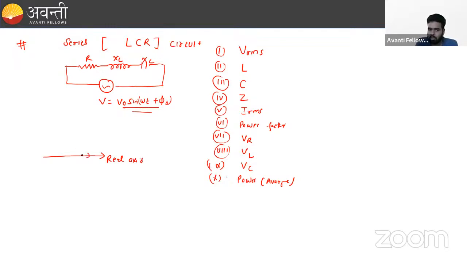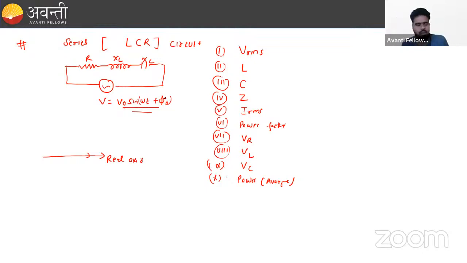And we assume that this axis already contains omega t. Okay, so this is the axis of omega t. Whenever phi is given, we have to measure the angle phi with this axis, right? If a positive angle is given, we have to measure the angle in the anti-clockwise sense. And if a negative angle is given, then we have to measure the angle in the clockwise sense.